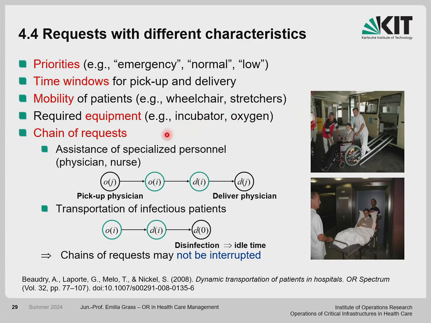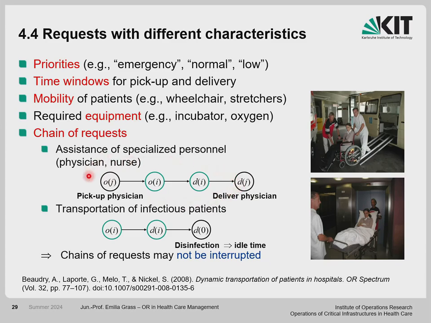It could be that the surgical ward is calling and saying, we need a transport for 10 a.m. The dispatcher should know that for this particular transport, they need some kind of physician or an additional nurse. And this nurse has to be picked up before we pick up the patient. This is this chain of requests. And of course, at the end, this nurse has to be brought back. This is a chain of requests that cannot be disrupted.